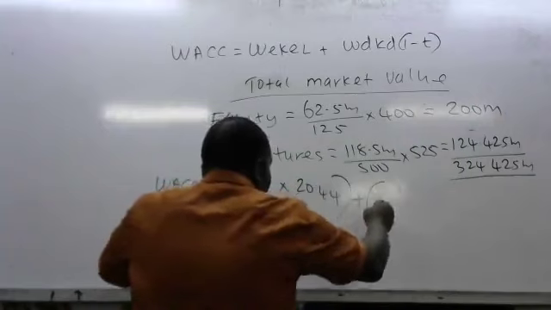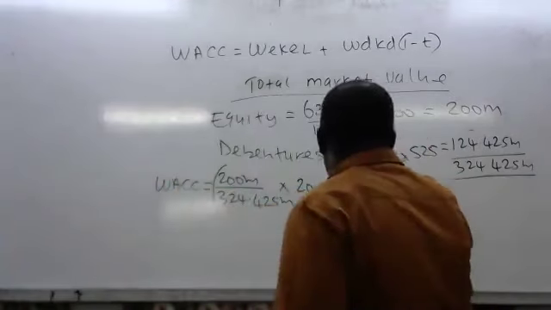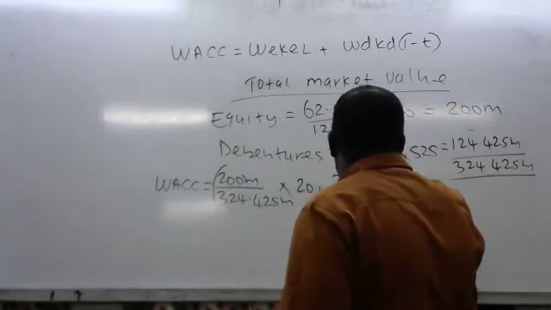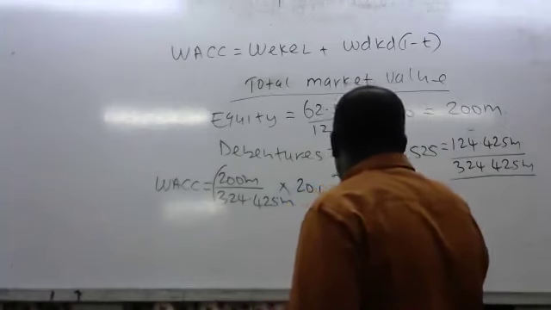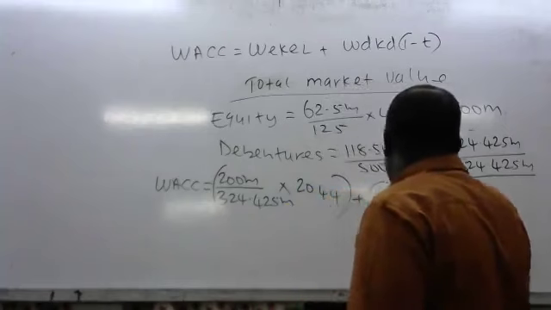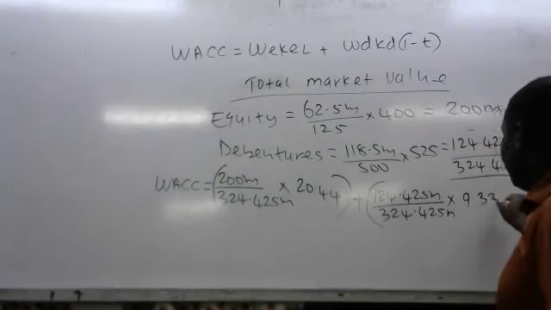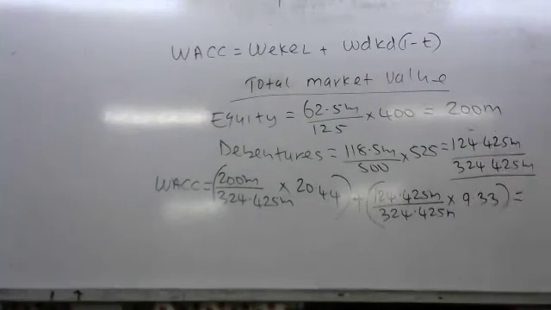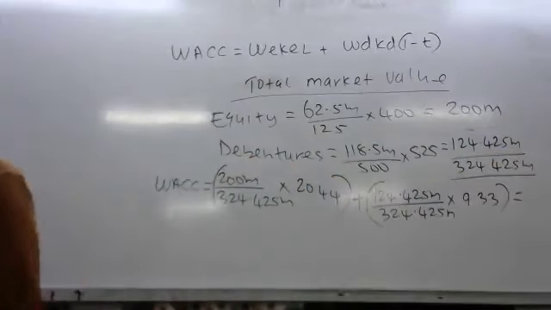Then we also add the weight of the debt, 124.425 divided by the total 324.425, multiplied by KD after tax, which we calculated in the Roman letter 2. We got 9.33. It is already after tax, so don't tax it again.